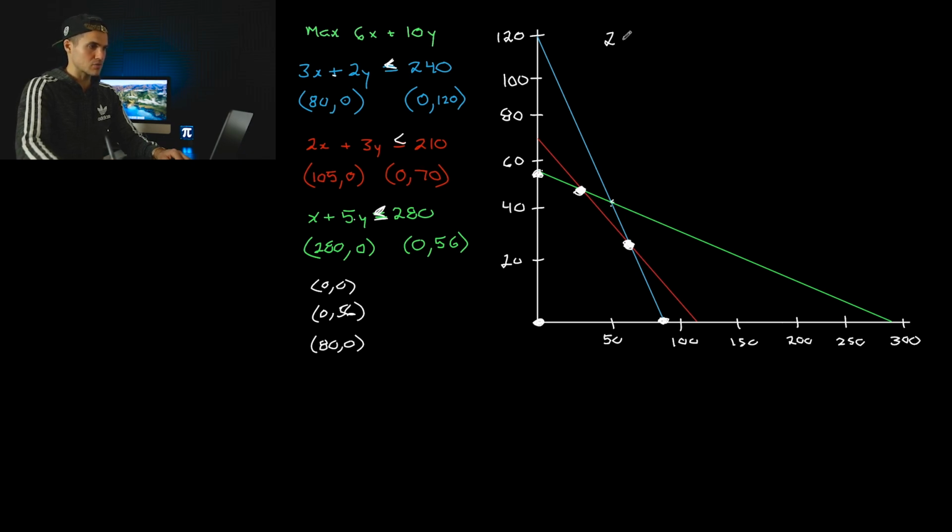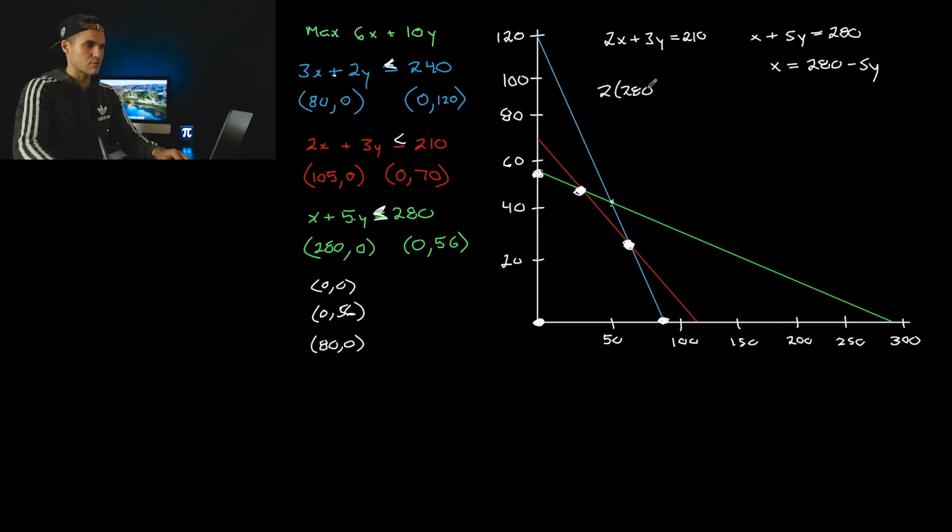So let's write out those equations. We got 2x plus 3y is equal to 210. That's the red line. And then the green line is x plus 5y is equal to 280, like that. So substitution or elimination, I'm going to isolate for this x value. So I'll have 280 minus 5y, plug that in here.